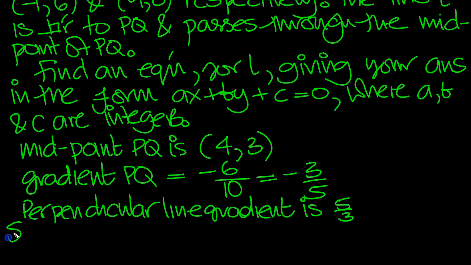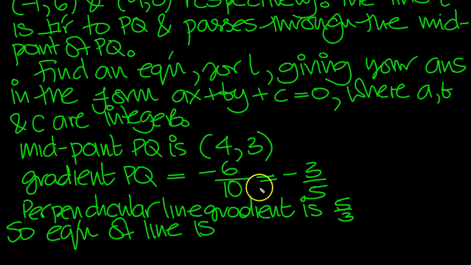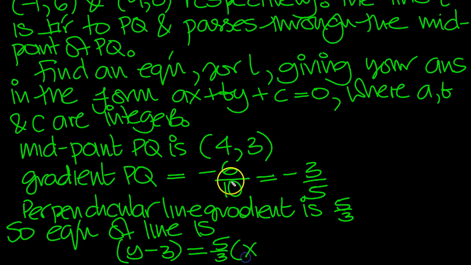So, equation of line is, so it would be y minus the y value is equal to the gradient, 5/3, over the x minus the x value that the line goes through.